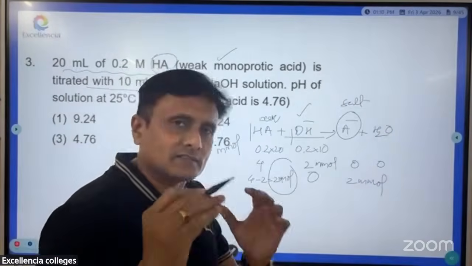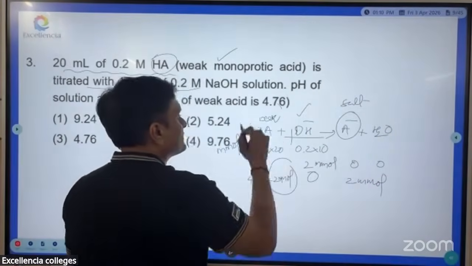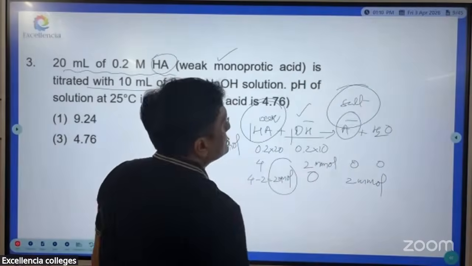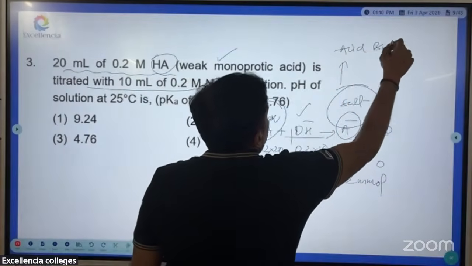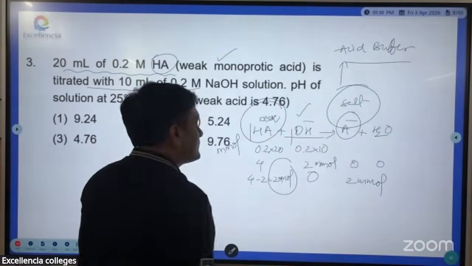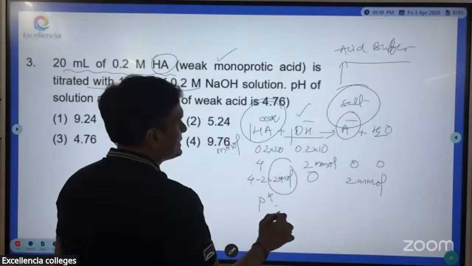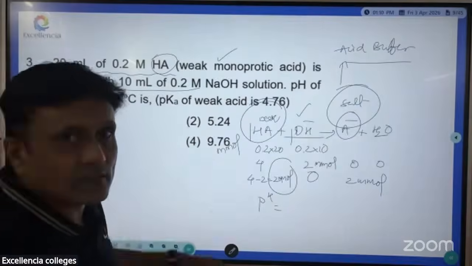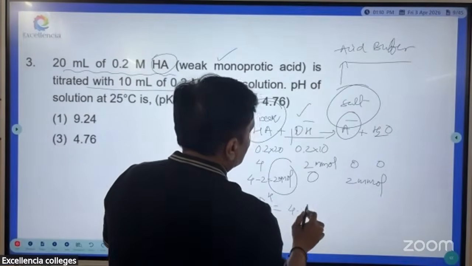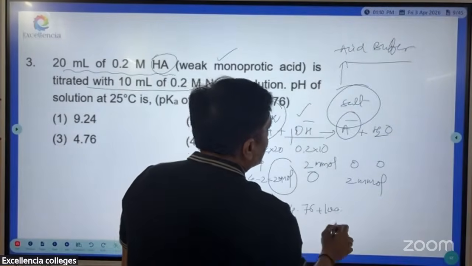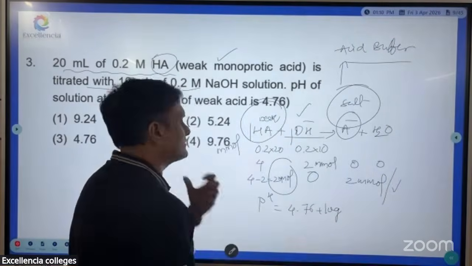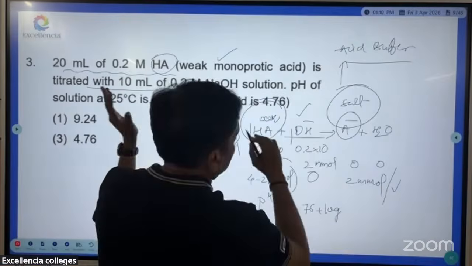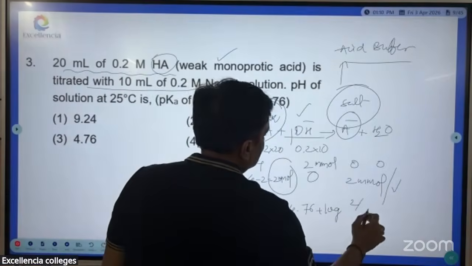Now, what does this make? You all know that presence of a weak acid and its salt with a strong base will lead to the acid buffer, isn't it? For acid buffer, you have the equation pH equal to... You can see the pK value is given straight away. 4.76 plus log concentration of this salt, 2 millimole divided by, let's call the volume as V. We don't care about 10 plus 20, need not write it, because this anyways gets cancelled.